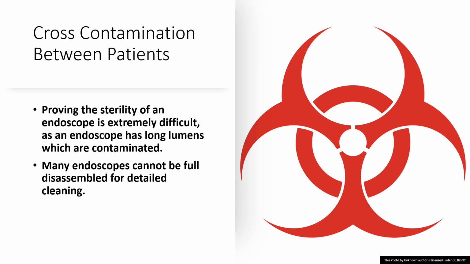Especially because proving how sterile an endoscope really is is very difficult. A lot of endoscopes are very long and they have long lumens that cannot be disassembled for cleaning and decontamination, so it's hard to prove that you really have cleaned the entire thing properly and that you're not passing on contaminants from one patient to the next.